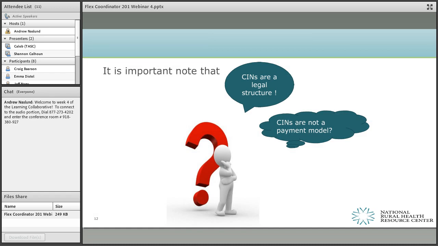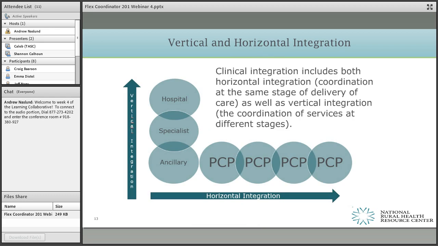It's important to note, however, that clinically integrated networks are not a payment model. They are a legal structure. They're a great vehicle to combine providers to perform collectively in a payment model. So just note that they are a legal structure, a legal vehicle, but they are not a payment model.